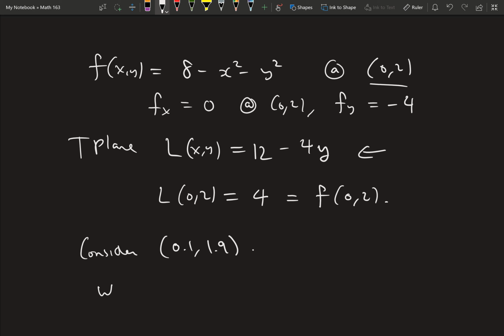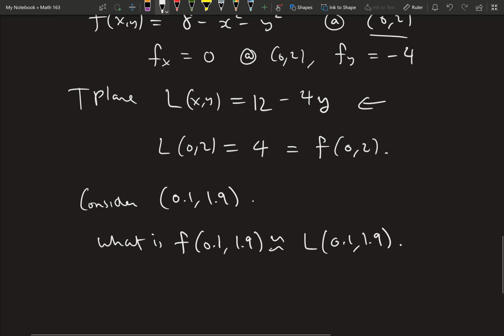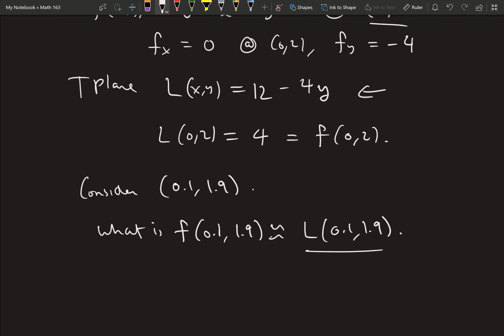What is f of 0.1, 1.9? Of course, you could plug it in directly, but this is approximately equal to L of 0.1, 1.9. This is called a linear approximation.